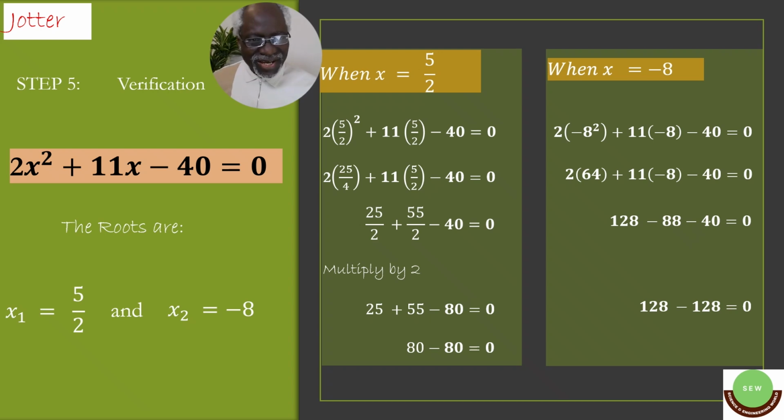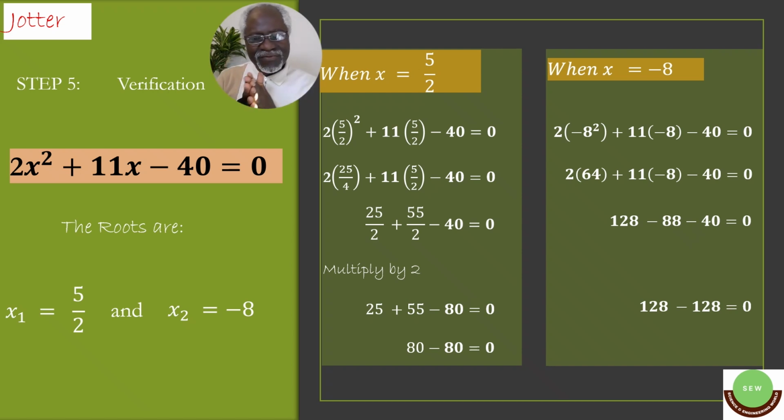Alright, step 5 is the verification process to verify if the roots we've obtained are in agreement with the equation 2x² plus 11x minus 40 equals 0. Because this is the same equation and we've also arrived at the same roots, this verification process has been done in the previous videos, so I will encourage us to go through that and look at it.